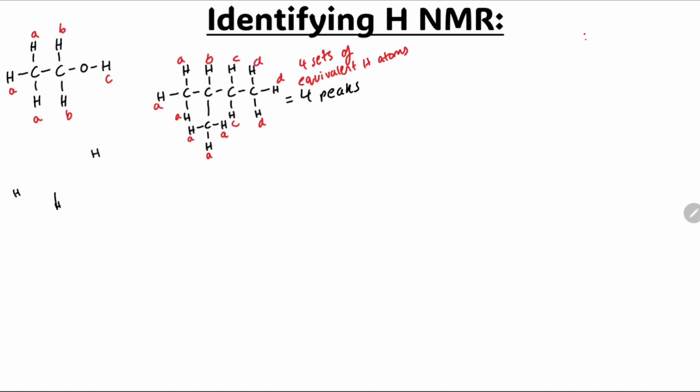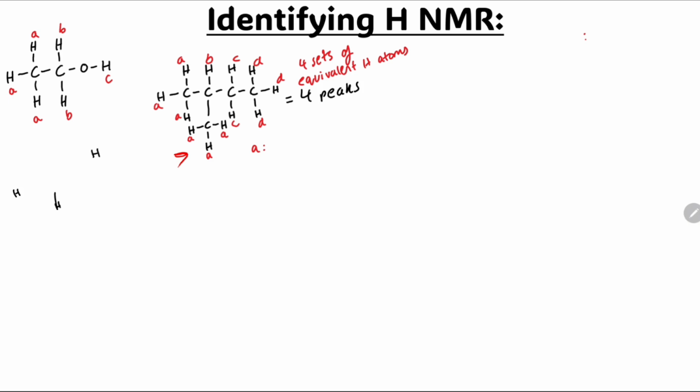Now, you remember the integration values, the relative intensity, basically. As I said, the integration values are the number of hydrogens on each carbon. For example, on the carbon A's, you can see the carbon A's right here.